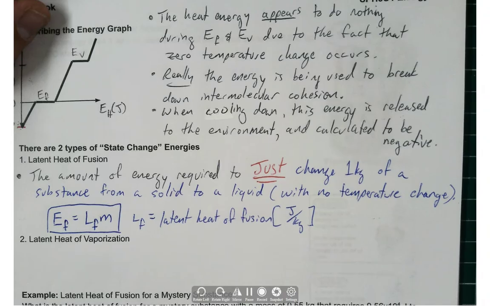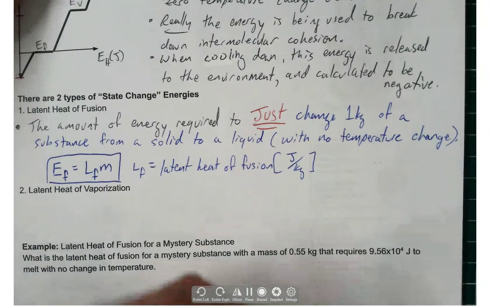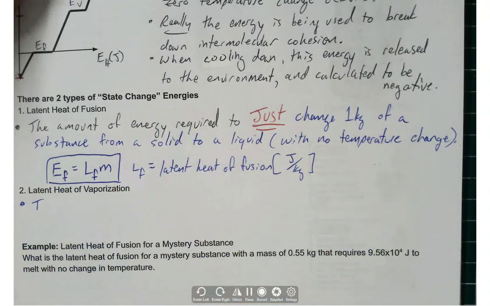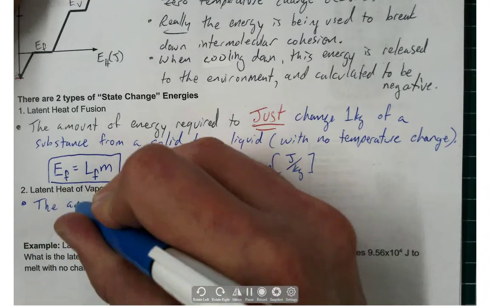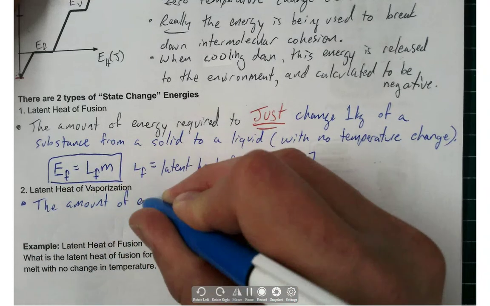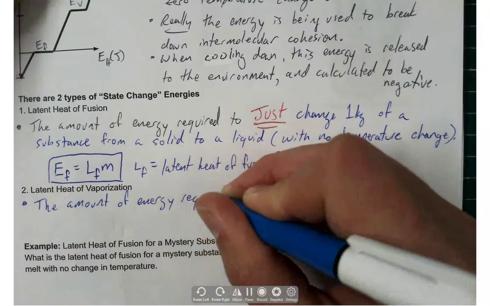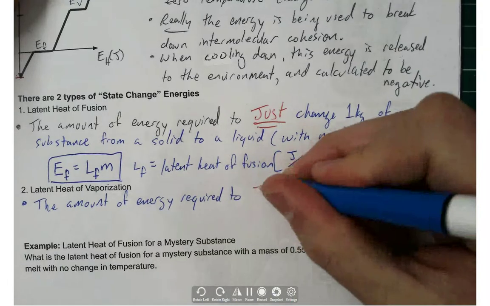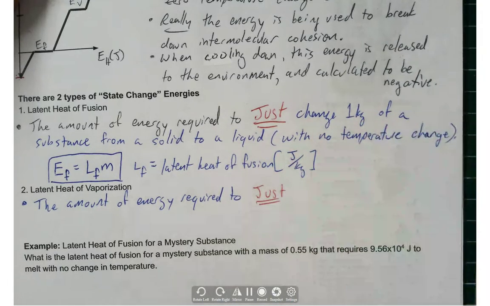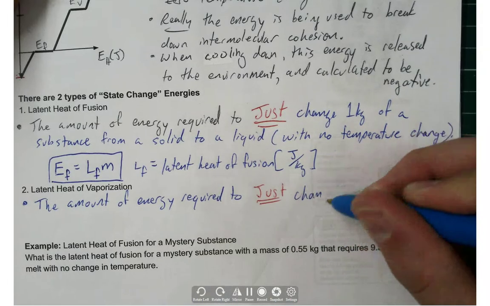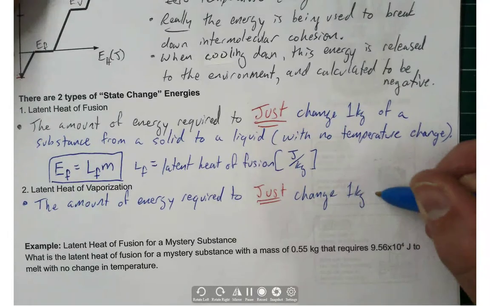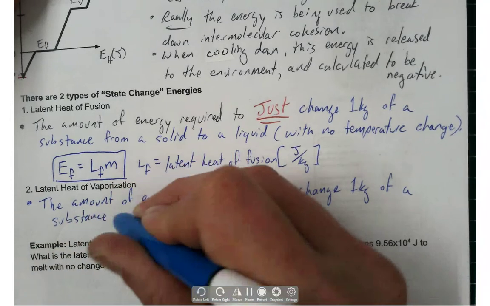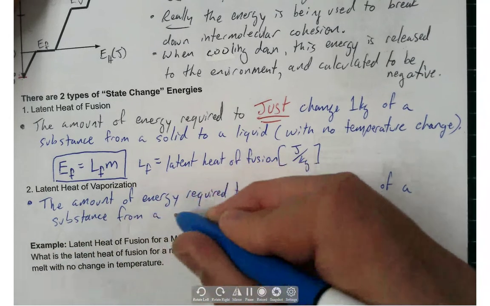Now, latent heat of vaporization, very similar. I'll write the whole thing out, but I could say it's the same thing except for going from liquid to gas. So the amount of energy required to just, again, I'll underline and put it in red because I really want to emphasize that we're just changing 1 kilogram of a substance from a liquid to a gas.